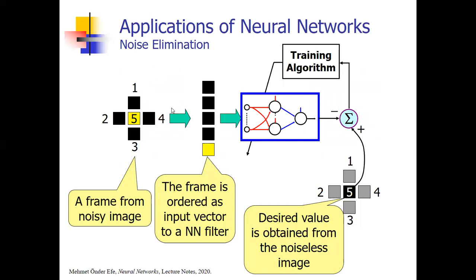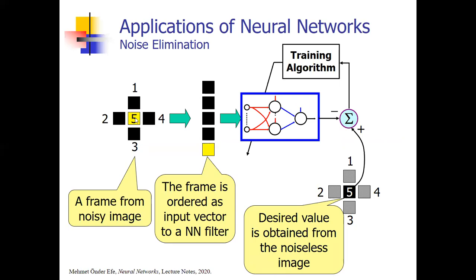Images are composed of pixels, right? And I'm enumerating the neighbors of a pixel. Let's say the pixel is shown by number 5, and its neighbors are 1 in the north, 2 in the west, 4 in the east, and 3 in the south of the pixel you see here.